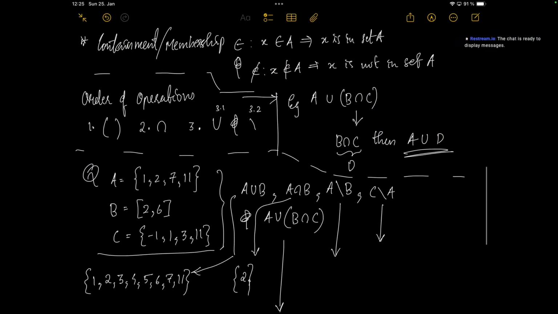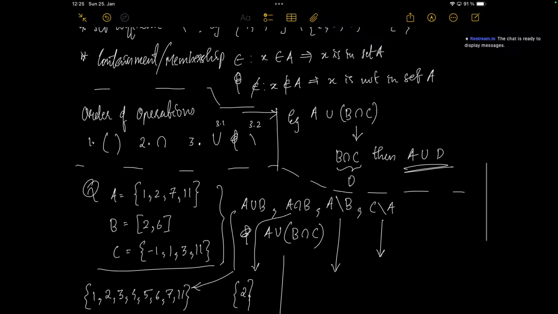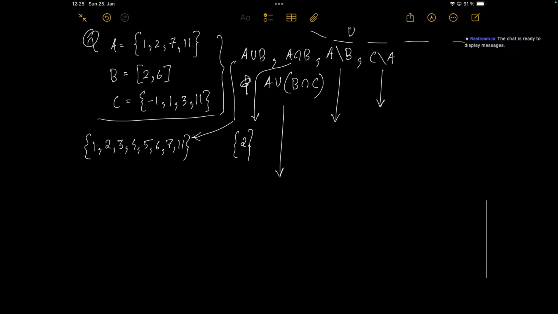So first we got to do the brackets. B intersection C: 2, 3. Yep, that's basically it.